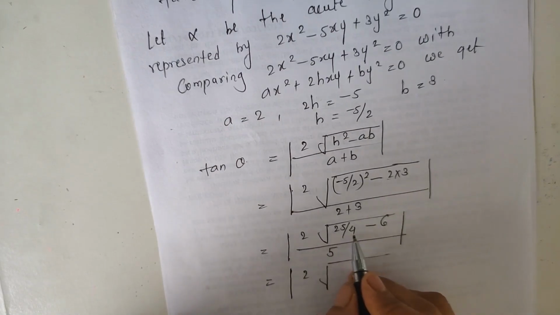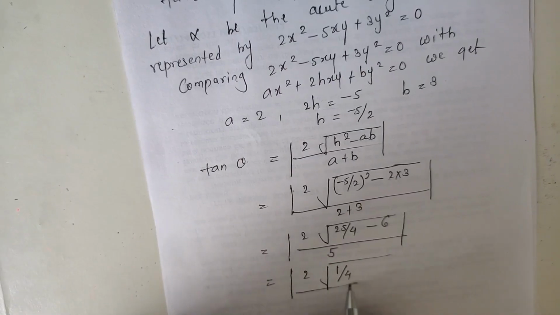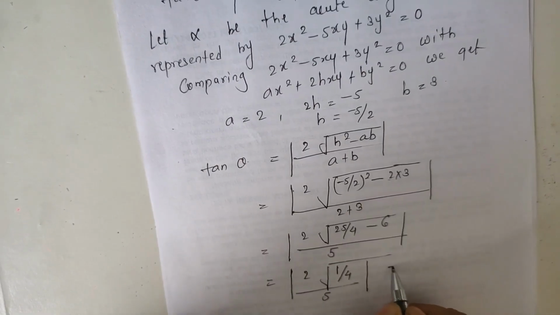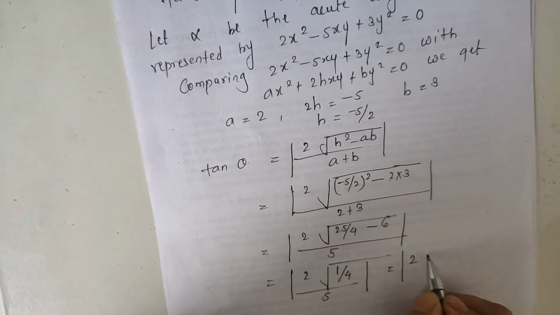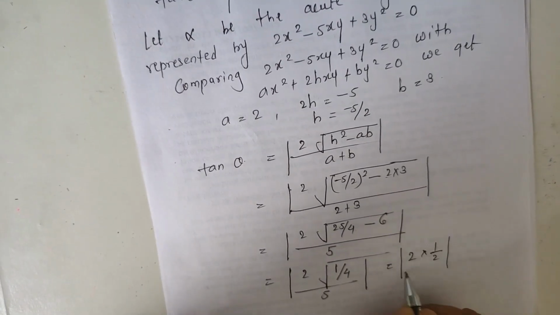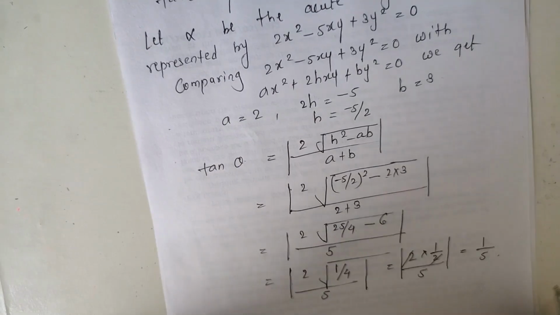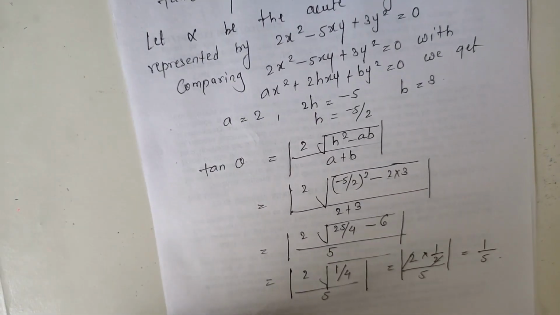Now 25 minus 24 is 1 by 4 upon 5. So it is equal to 2 into square root of 1 by 4, which is 1 by 2, upon 5. 2 will be cancelled and the value of tan theta is 1 by 5.